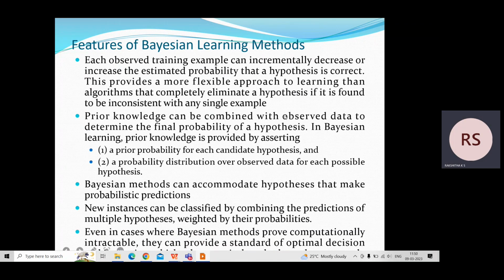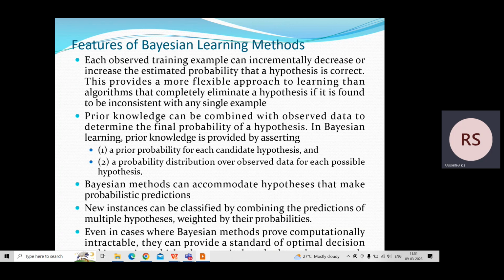Prior knowledge can be combined with the observed data to determine the final probability of the hypothesis. In Bayesian learning, prior knowledge is provided by the prior probability for each candidate hypothesis and the probability distribution over the observed data. Bayesian methods can accommodate many hypotheses in terms of the prediction algorithm.